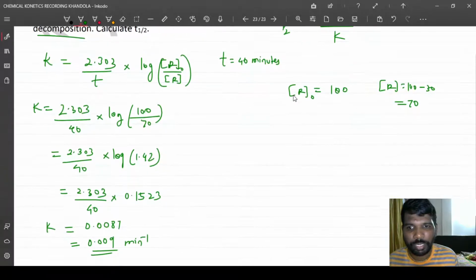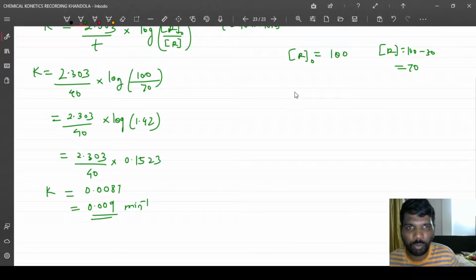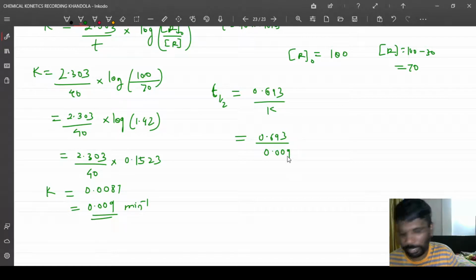K I got, so t half will be given as 0.693 upon k. So 0.693 divided by 0.009. Oh, t half for this is 77 minutes.